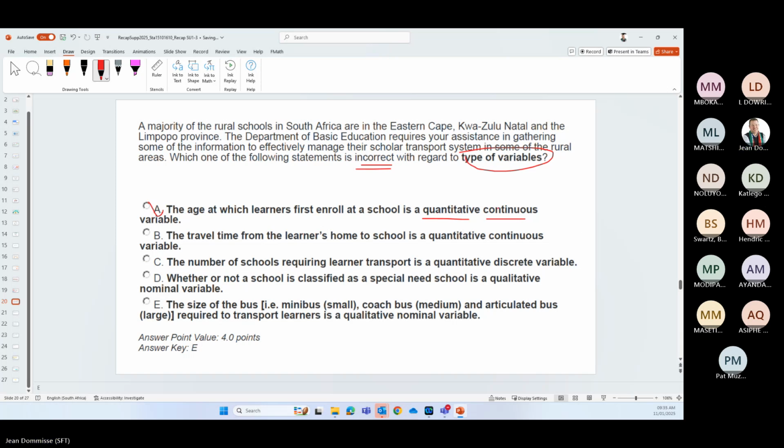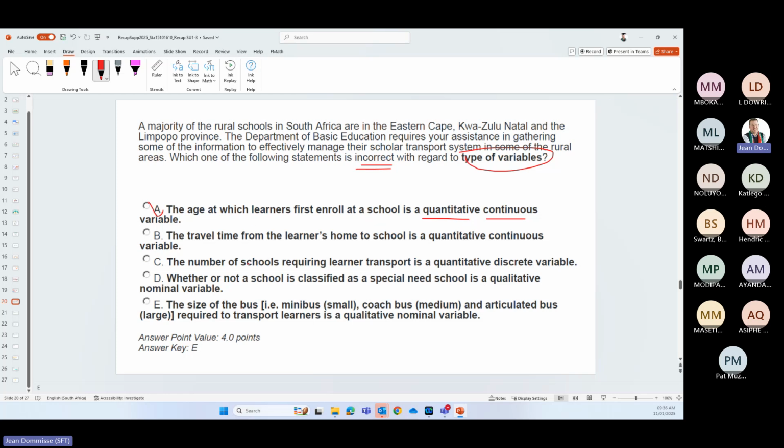They didn't tell us age in years. My child was first enrolled when he was 6 years and 3 months. Somebody else's child might have been enrolled at 6 years, 2 months, and 1 day. Because they don't tell us in which measurement we need to look at, this is a continuous variable.